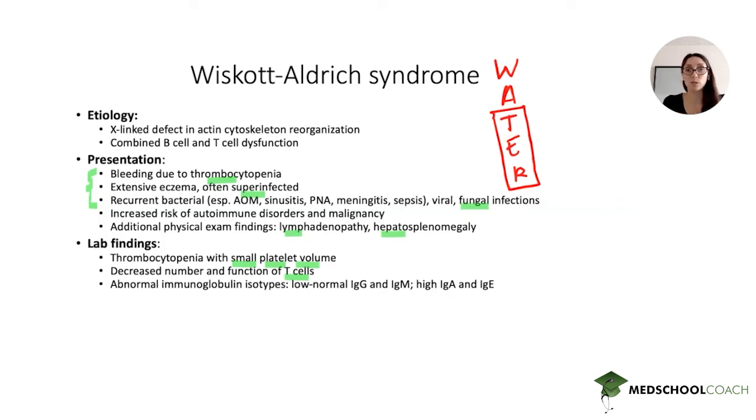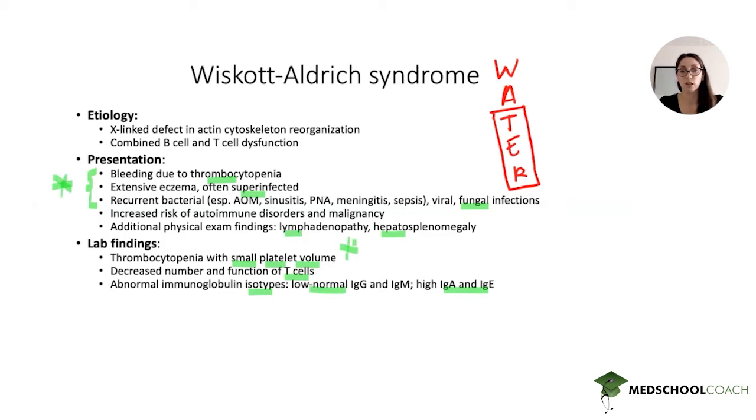And then more specifically in Wiskott-Aldrich, you can get abnormal immunoglobulin isotypes. So your IgA and IgE tend to be high, and your IgG and IgM tend to be low to normal. And this level of detail, I would say, is fantastic if you're able to remember it. But I truly think you can answer this question just based on these findings that we had here, plus the thrombocytopenia with the small platelet volume.